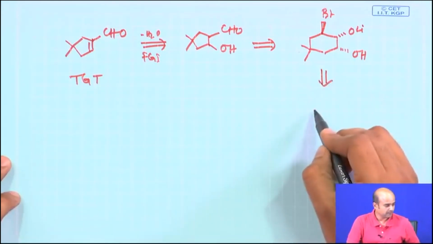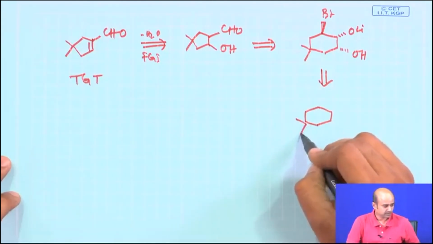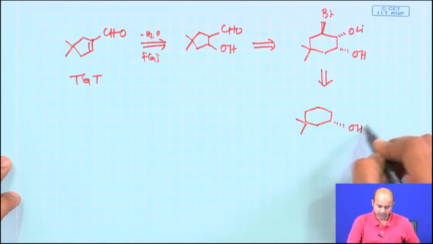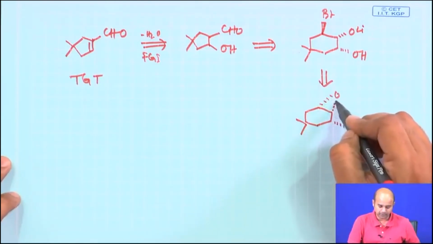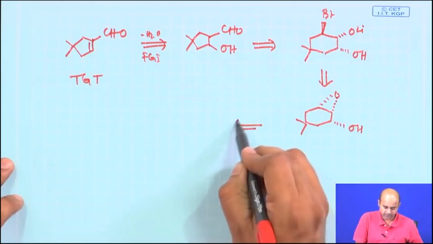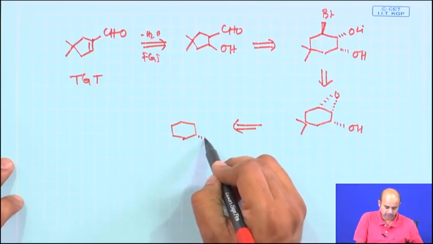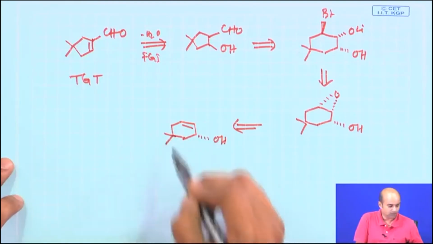Just now follow the conventional retro. This kind of compound can easily be prepared from the corresponding epoxide. Okay, epoxide. Now, these epoxides can easily be prepared from the corresponding allylic alcohol.